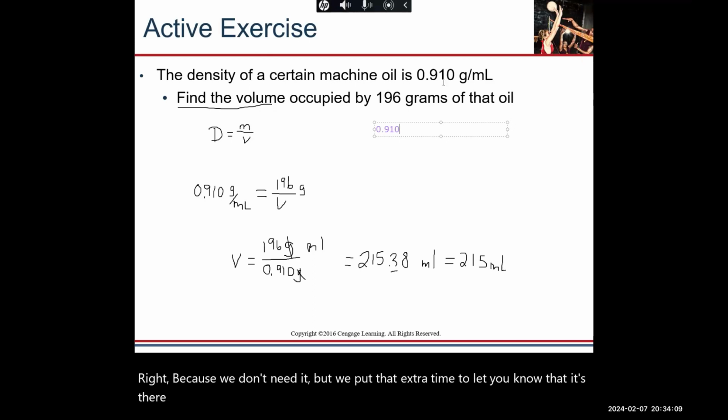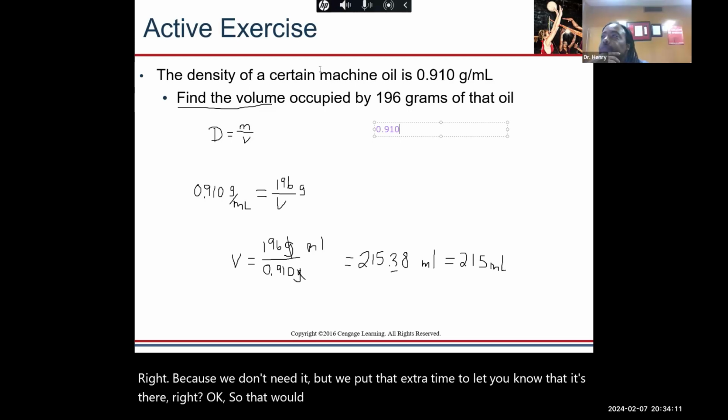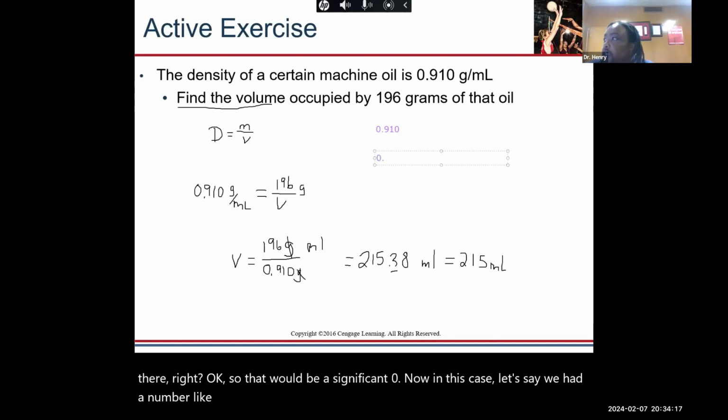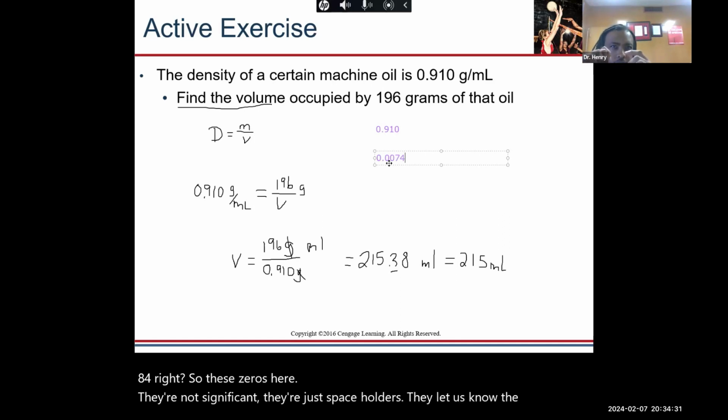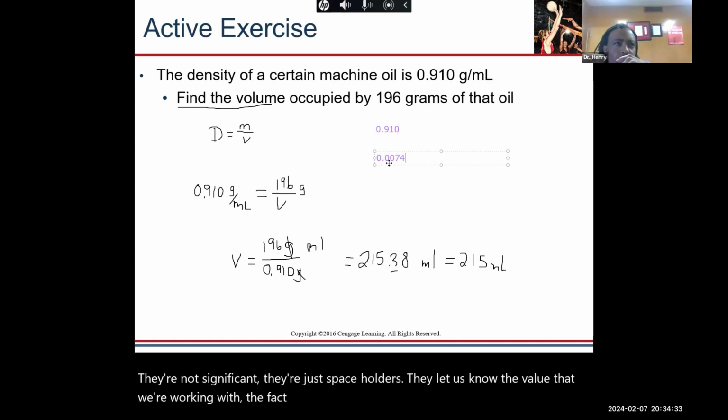Oh, yeah, that makes sense. Okay, so that would be a significant zero. Now, let's say we had a number like 0.0084, right? These zeros here are not significant. They're just placeholders. They let us know the value that we're working with, that this is a really small number.